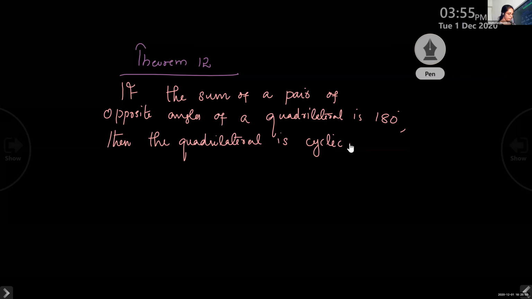Reverse of it. No proof for all this, but just study it, only that.